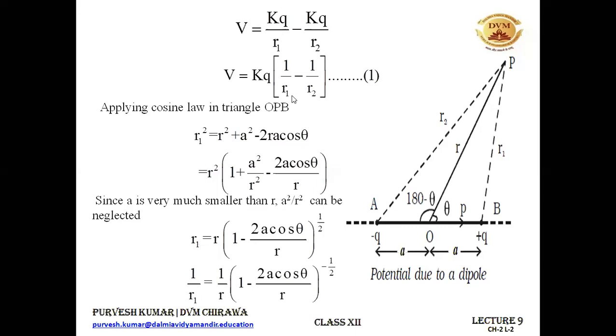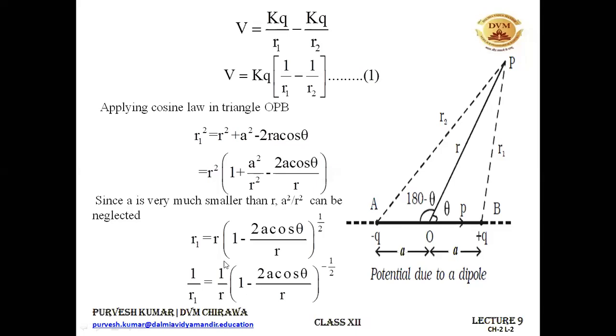Why so? Because in the equation 1, I need 1 upon R1, not only R1. So I have taken the inverse of this, and it becomes 1 by R. The inverse of R is 1 by R, and the inverse of a quantity having some power can be taken by making the power negative. Inverse of x square is x to the power minus 2. Similarly, inverse of this quantity inside the bracket is just the minus power to it. So that's why I have taken minus half over here.